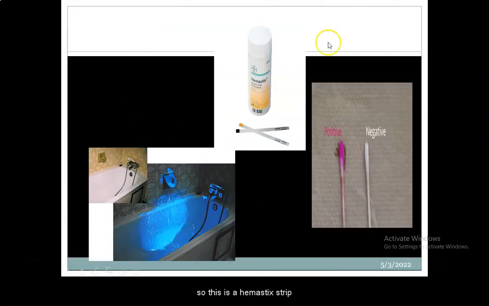So this is a Hemastix strip. This is how the strip looks like with an orange end. If you look at this picture, it means it has come into contact with blood, suspected blood. If you look at this picture too, luminol has been used. So originally, this is how the basin looks to the naked eye.